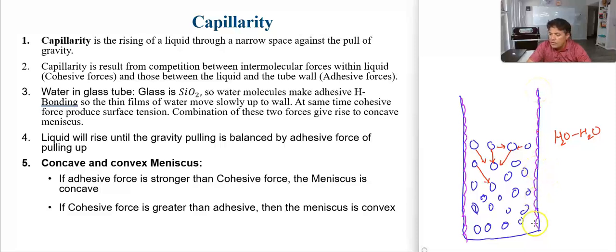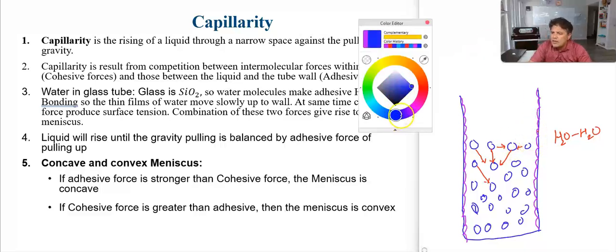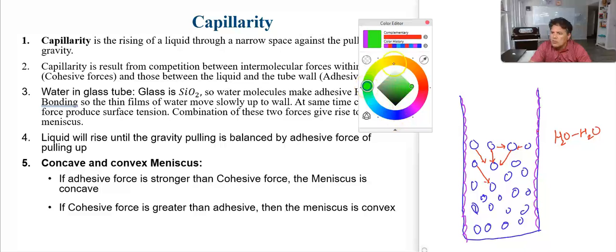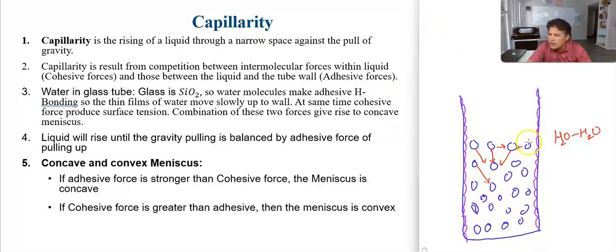Okay. And what happens is, these water molecules can also be pulled by another force, which is the force between the water and the glass. This is also an attractional force, right? See, this is also an attractional force. So that's why some water molecules are pulled up by this glass.